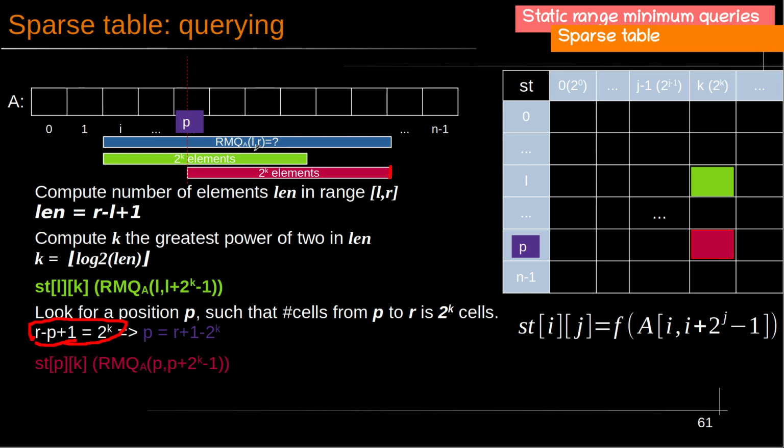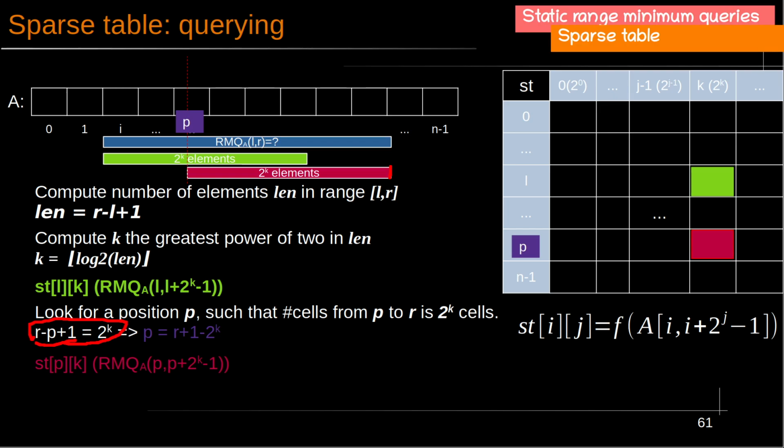The idea here is to find, in this range, 2 ranges that have 2 power k elements, where k is the greatest power of 2 of the length of that range.